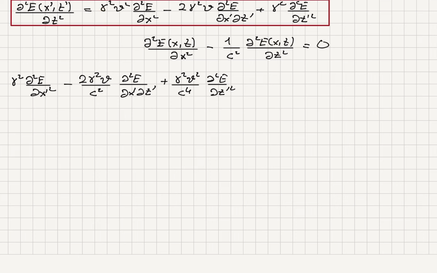So minus gamma square v square over c square del square E del x prime squared. And then I have the second term, minus 2 gamma square v multiplied by minus 1 over c squared.